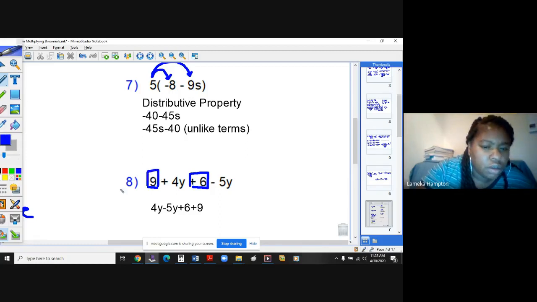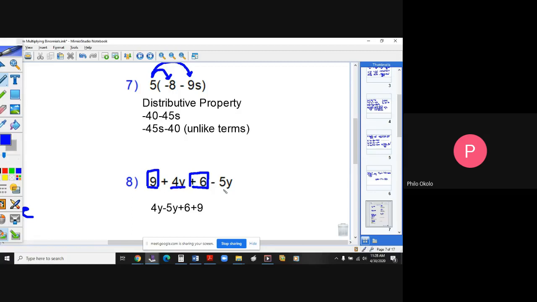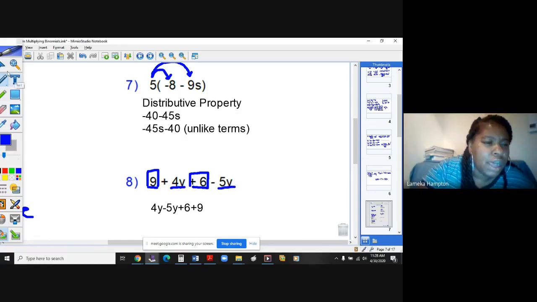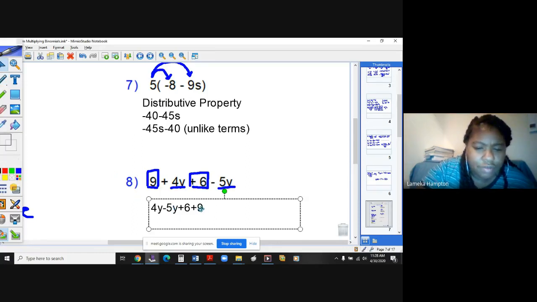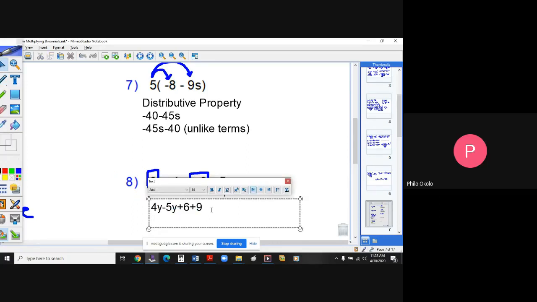Negative y plus 15. Yes, ma'am. Negative y plus 15. That's it. Negative 5y minus negative 4y will give you negative y. Instead of 1, it becomes y.